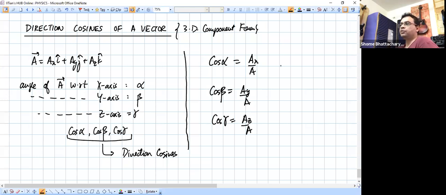So using these formulae, we can find the direction cosines, or the angles made by any vector with respect to the axes. Obviously, capital A here is the magnitude of the vector, mod A, or nothing but the square root of the sum of the squares of the components.